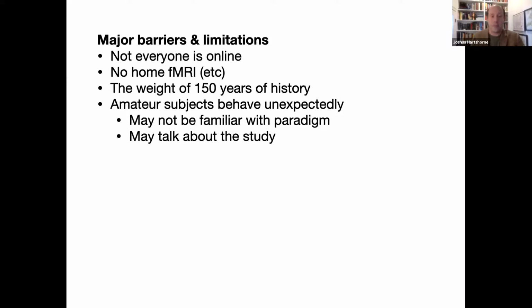I think the biggest issue is the weight of 150 years of history. Our paradigms for running studies, and this is continuing a thread that Tom was talking about, are really based on that old model of the in-lab study, and they're optimized for the in-lab study. You can't be optimized for two different things simultaneously.